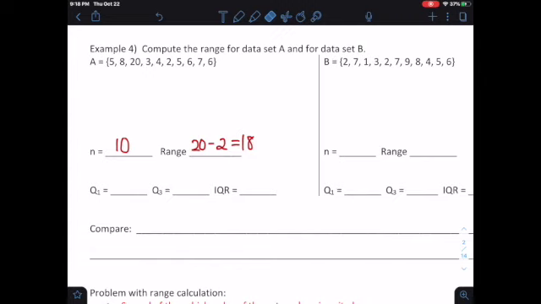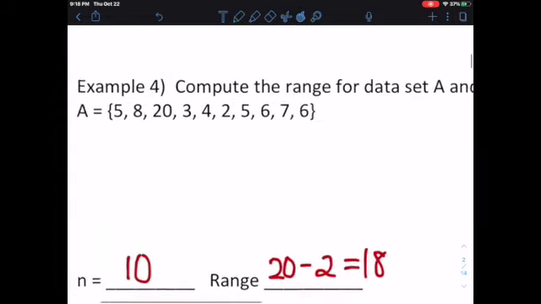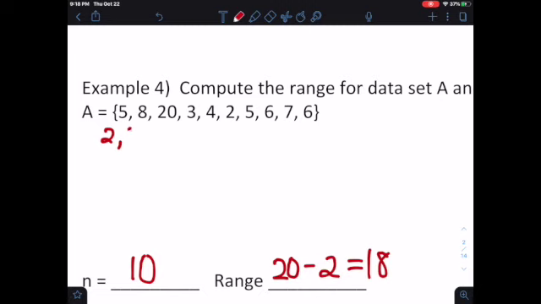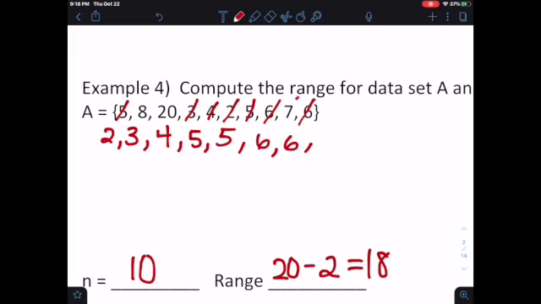Before you do that, you have to make sure that you understand the median. And since we are talking about the median, we're gonna put everything in order. So if you put everything in order, you will start with 2, 2, 3, 4, 5, 5, 6, 6, 7, 8, and 20.